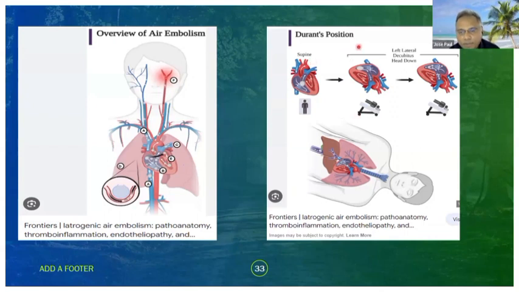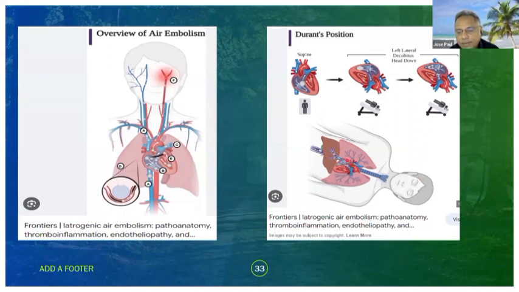If you are picking up this condition and you think that the patient has an air embolism, immediately stop dialysis, don't return blood, discard everything, and put the patient in what is known as the Durant position. In the Durant position, you keep the patient on the left side with the head tilted down. The aim is to collect the air in the right ventricle.